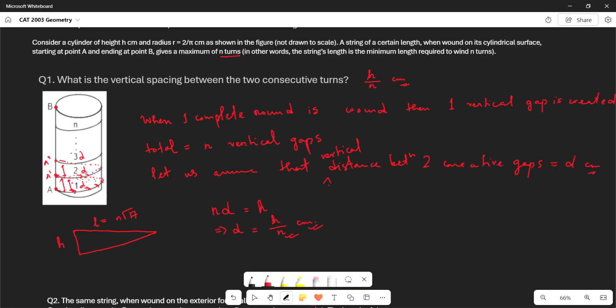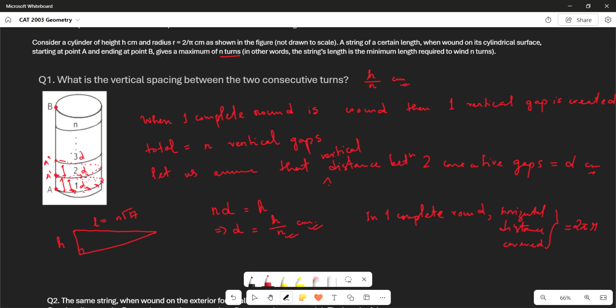So what is the horizontal distance covered here? The horizontal distance in one complete round. What is the horizontal distance covered? 2 pi r, or basically the circumference of the round.